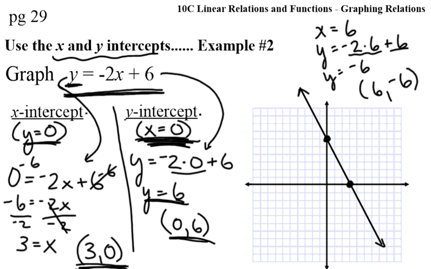This is just me picking a third point to make sure it works. 1, 2, 3, 4, 5, 6. 1, 2, 3, 4, 5, negative 6. Well, we're not quite there. But if I really wanted to be picky, make sure that I'm going through, I can see the x-intercept maybe isn't quite where it should be.